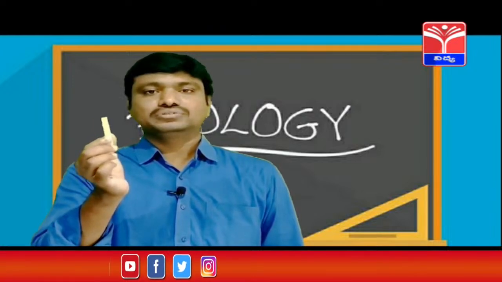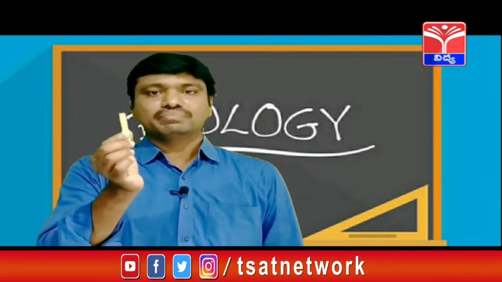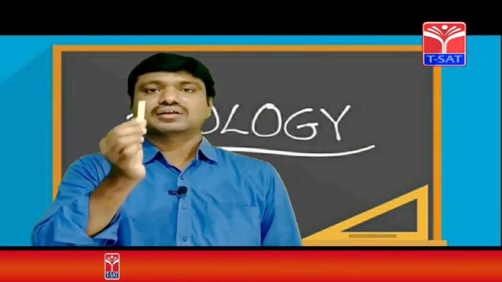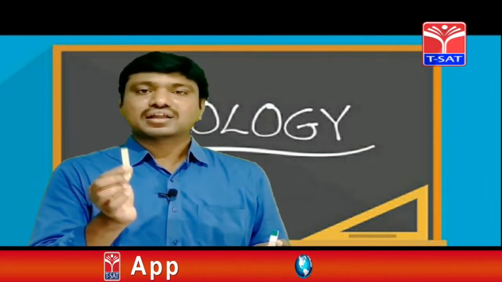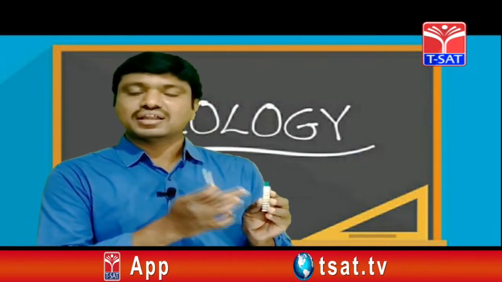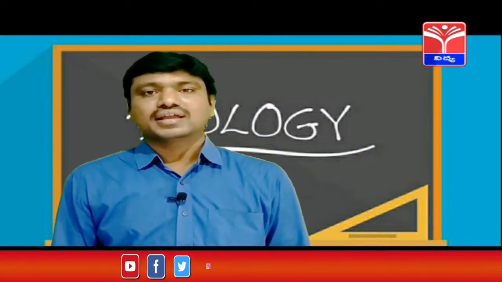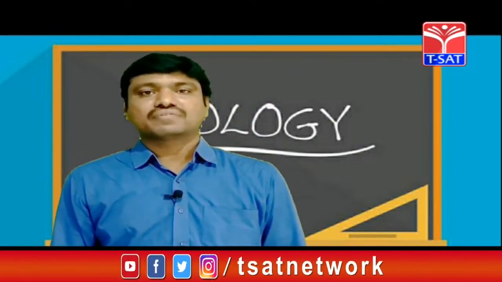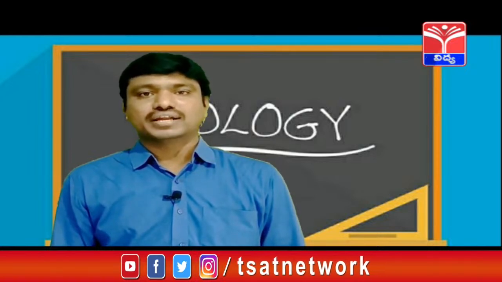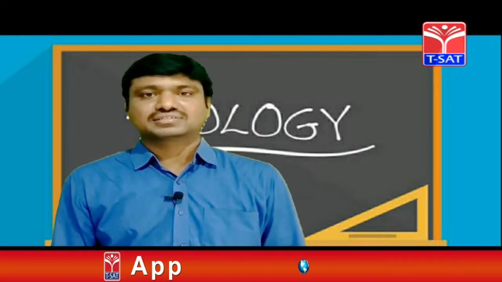Before you consume food, place this piece of pH paper on the tongue. Match the color of this pH paper with the color chart and note down the pH value. So take at least 4 readings after consuming different food items and compare your values with that of your friends.